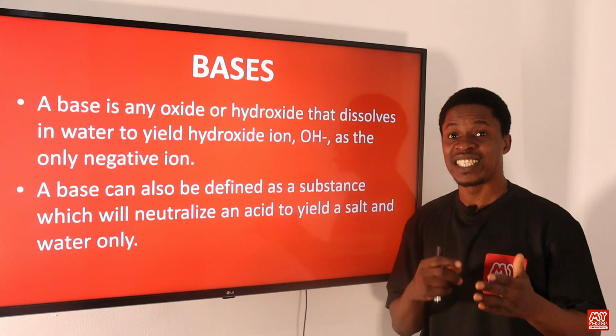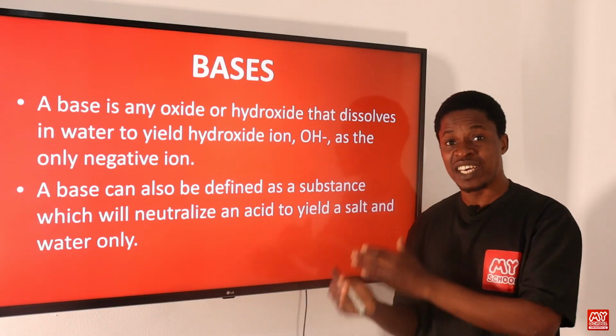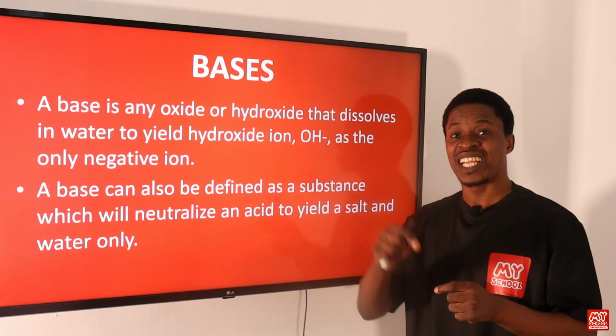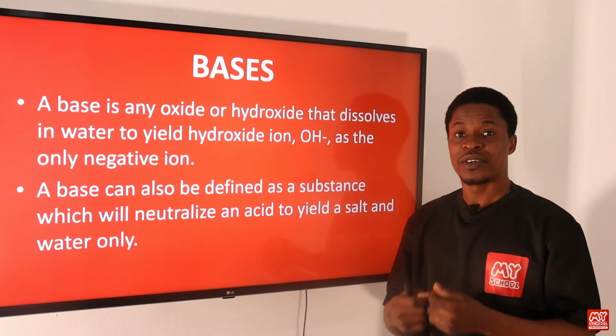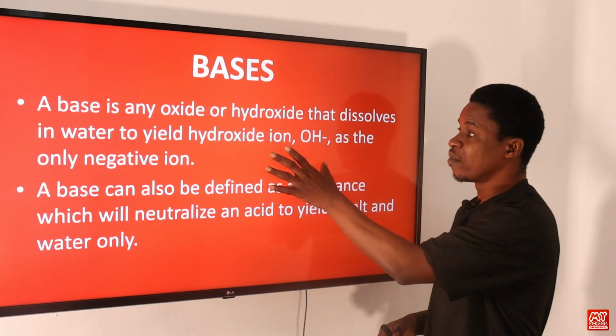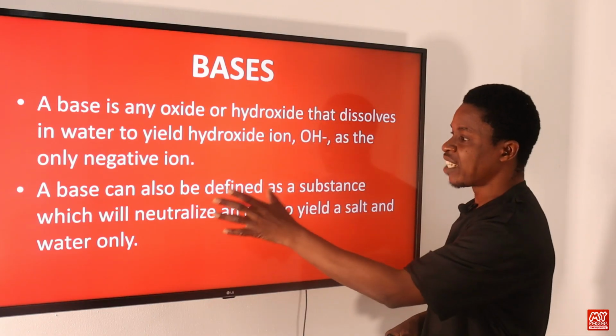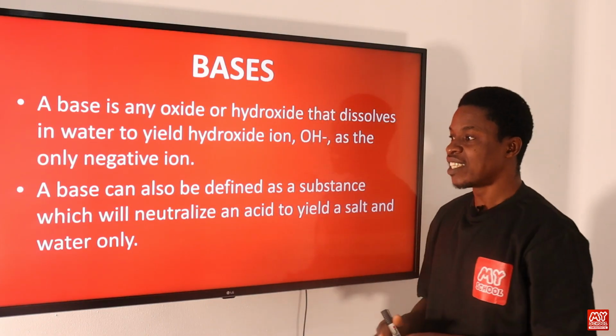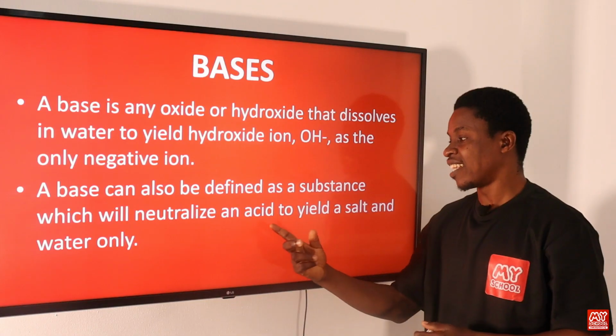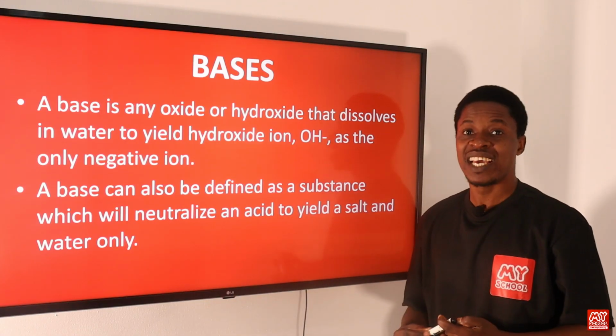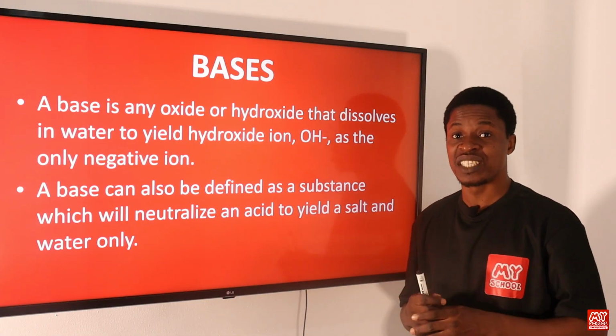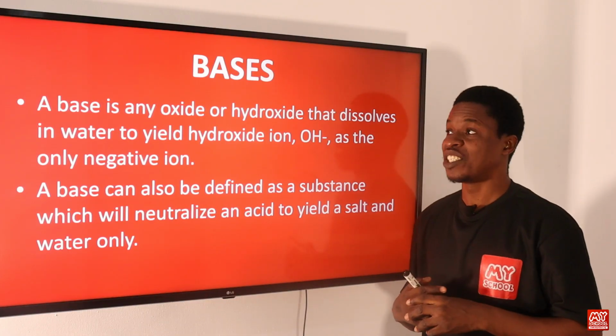If it were acid, it would be substances that dissolve in aqueous solution to produce hydrogen ion as its only positive ion. The other way a base can also be defined is as a substance which will neutralize an acid to yield a salt and water only. Of course, in the process we refer to as neutralization reaction.